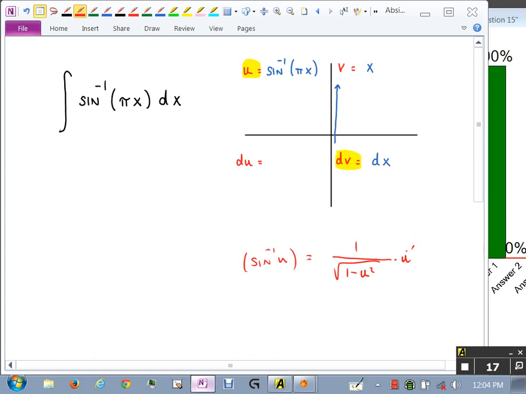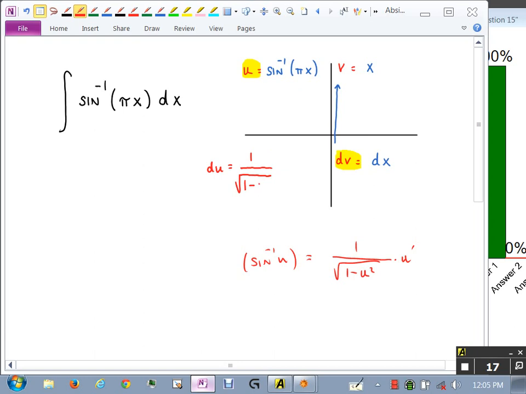So for us, u is pi x. So the derivative of arc sine of pi x would be 1 over the square root. I'm out of room. I'm going to rewrite this, give myself a little more room. It's 1 over the square root of 1 minus pi x squared.